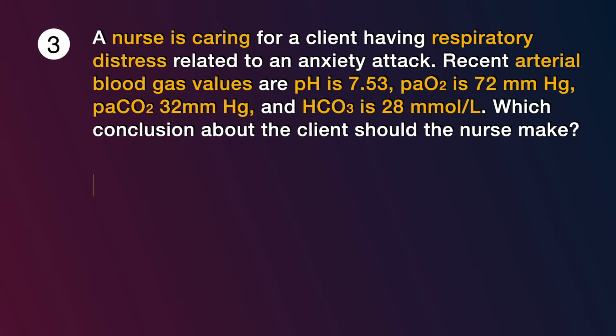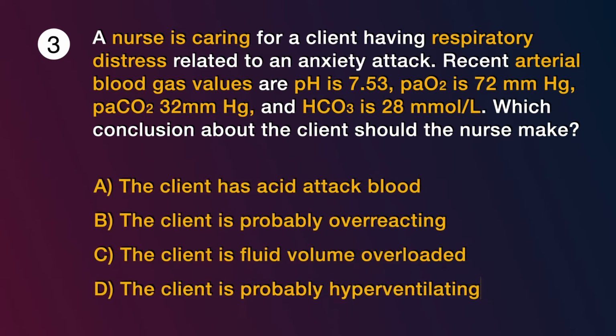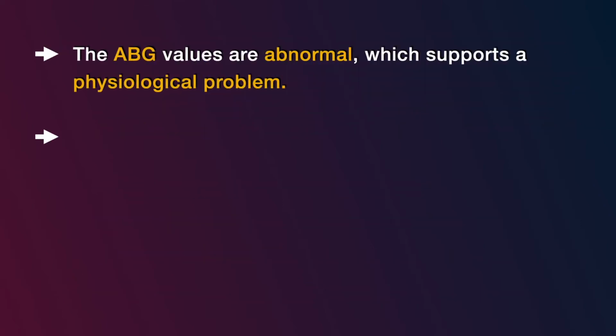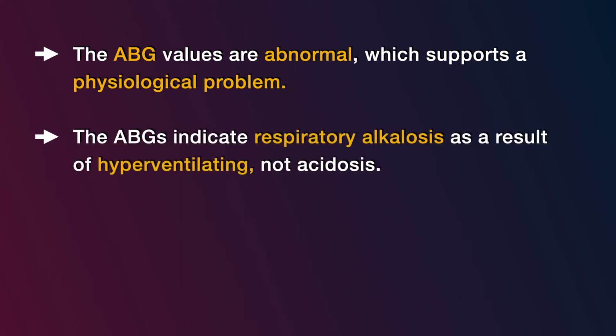Options are: the client has acid in the blood, the client is probably overreacting, the client is fluid volume overloaded, the client is probably hyperventilating. So the answer is D, the client is probably hyperventilating. The ABG values are abnormal, which supports a physiological problem. The ABGs indicate respiratory alkalosis as a result of hyperventilating, not acidosis.